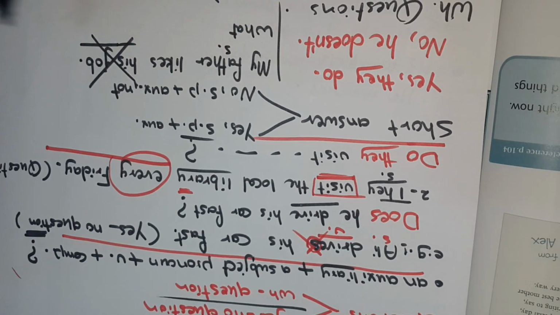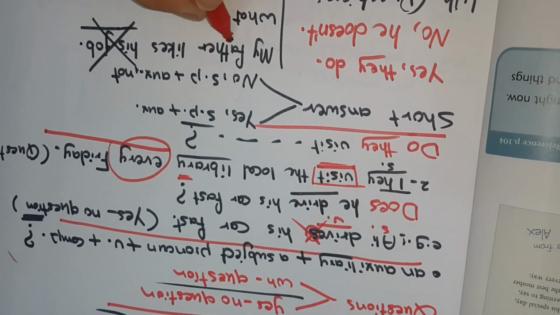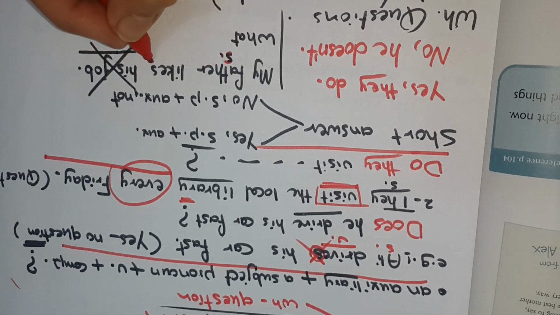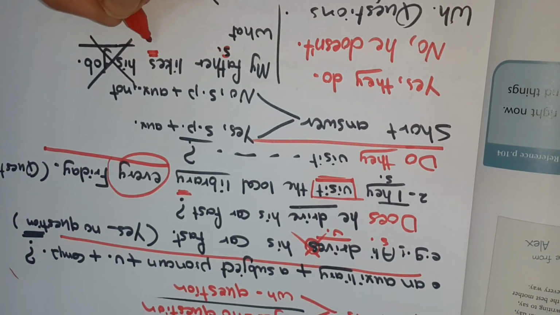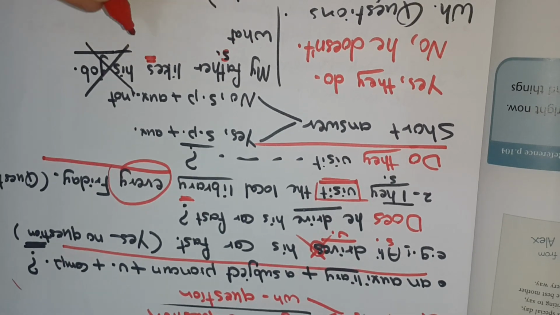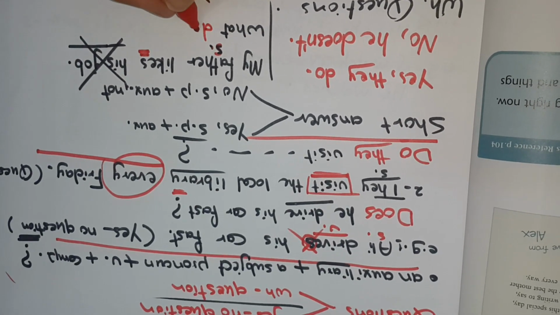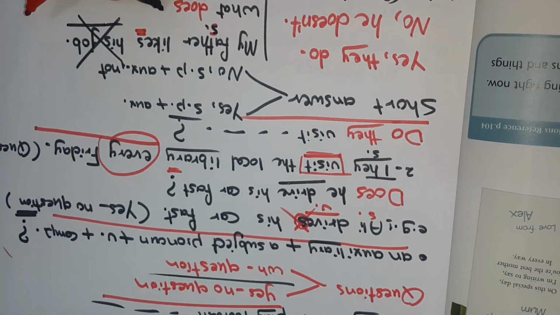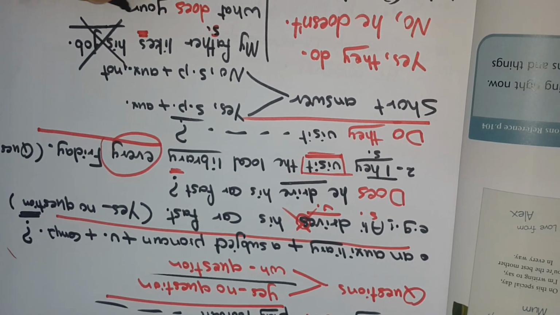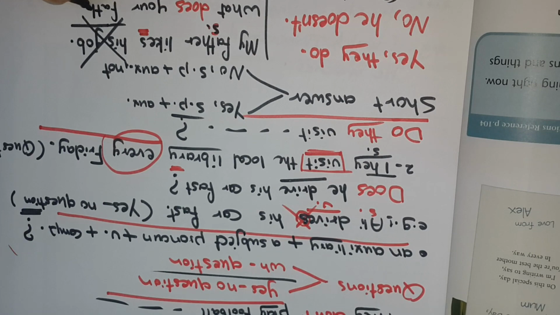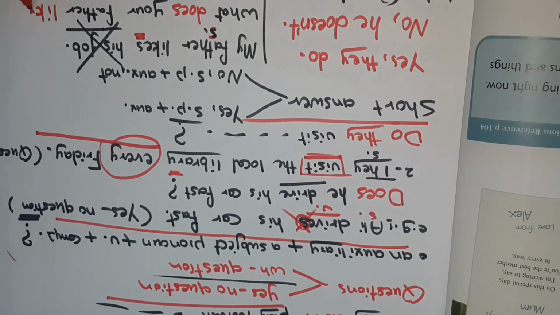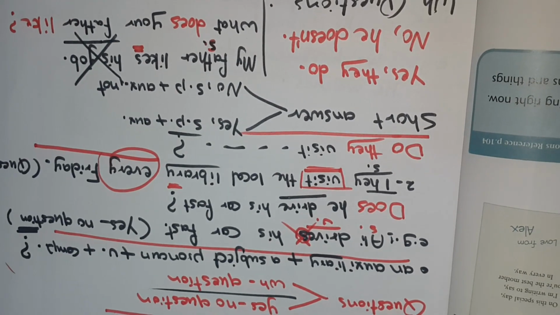This is the subject, and this is the verb. It ends with S, so it's present simple. So what does my father like? Okay?